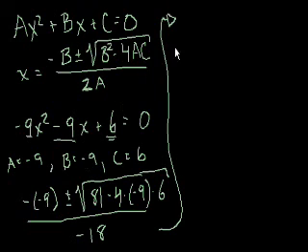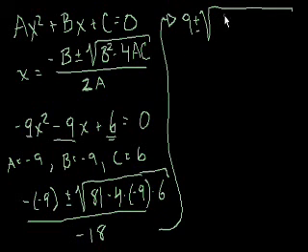Well, negative negative 9, that's positive 9, plus or minus the square root of 81. Let's see, this is negative 4 times negative 9. Negative 4 times negative 9 is positive 36.